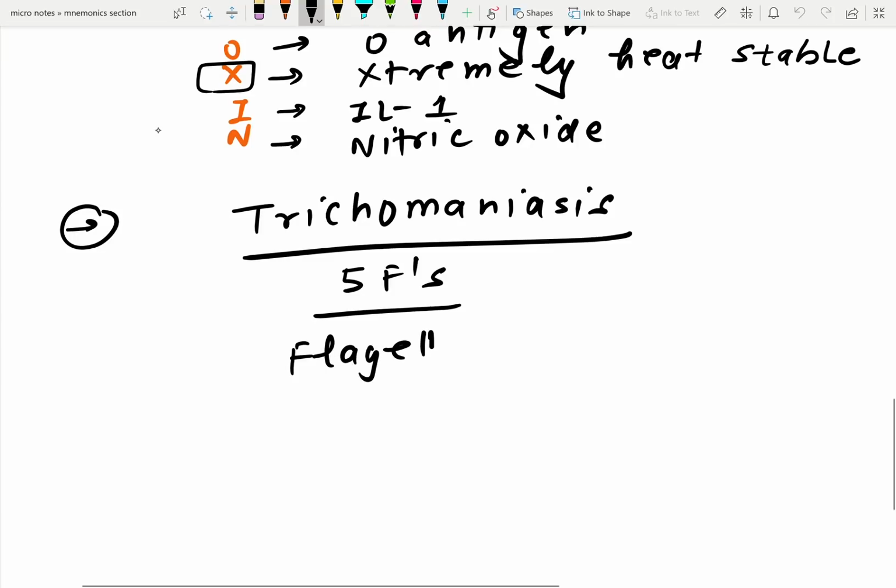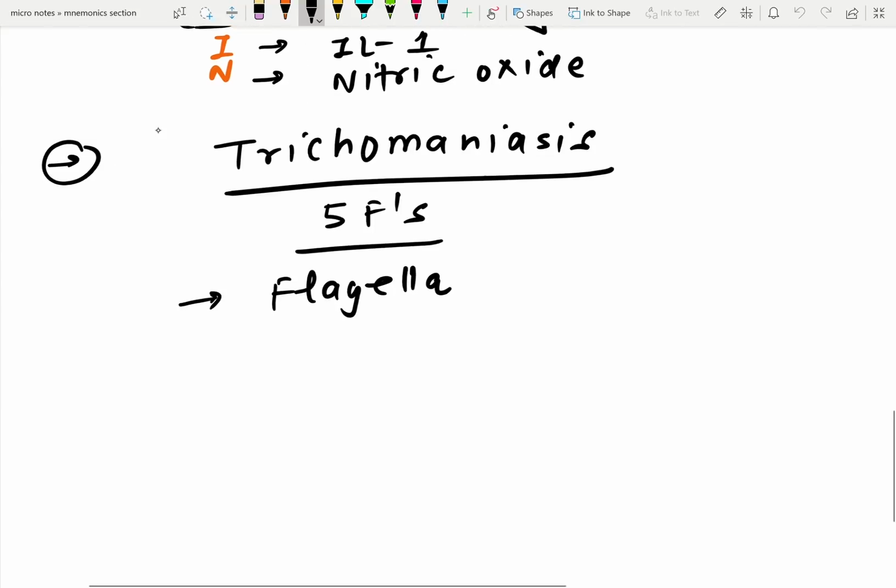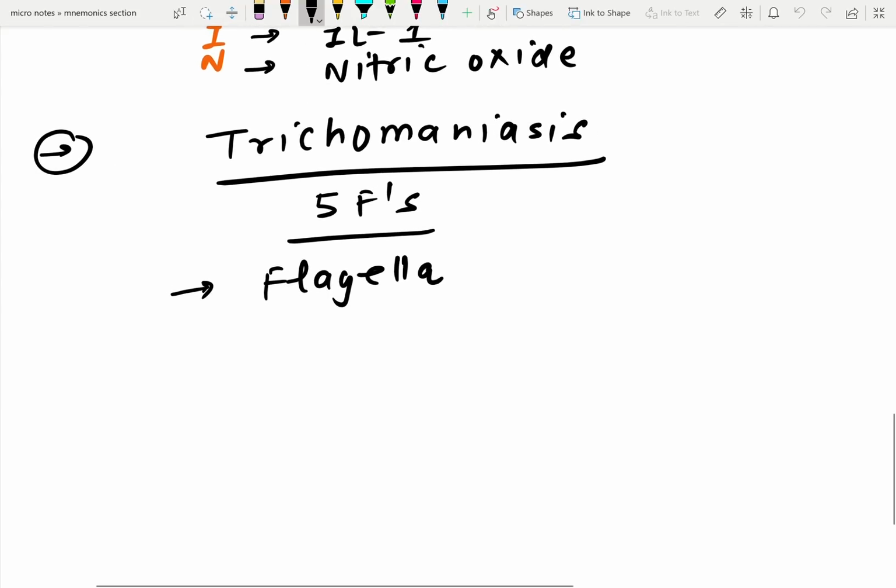You know that it's flagellated. How many pairs of flagella? 5 pairs of flagella are there in this particular Trichomonas vaginalis. Remember one thing, that Trichomonas vaginalis is the only protozoa which does not have any cystic stage. It has a trophozoite only, and the trophozoite has how many pairs of flagella? 5 pairs of flagella. Fine. So it has 5 pairs of flagella, that you need to remember.